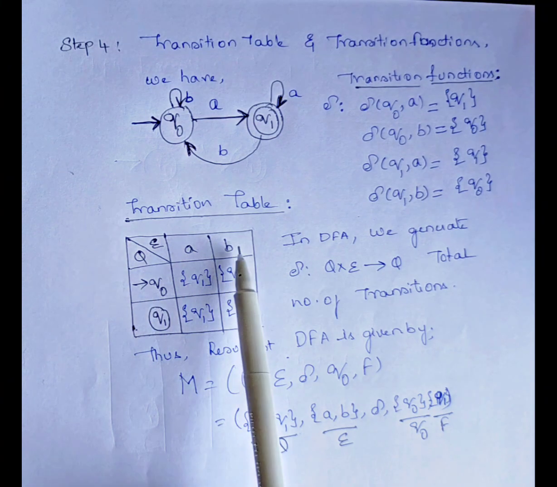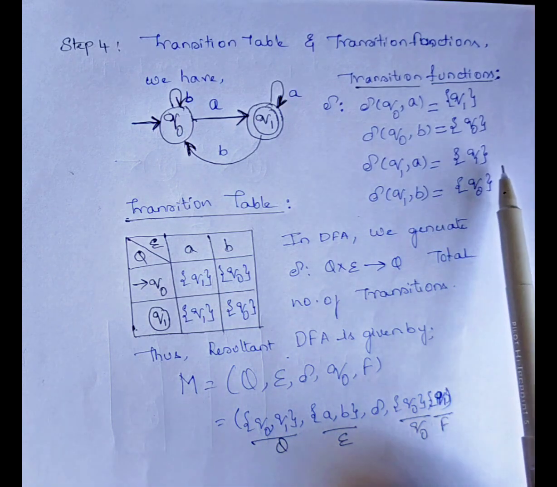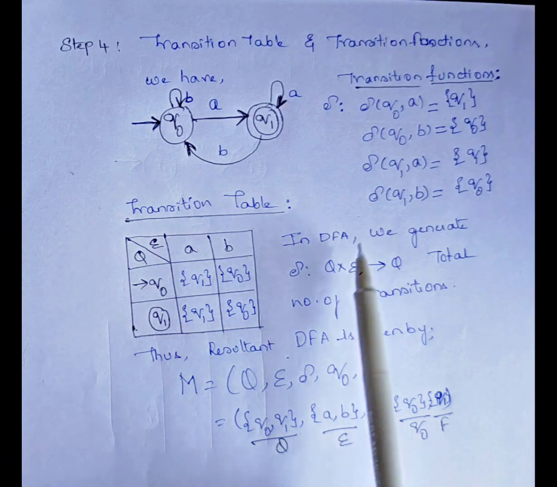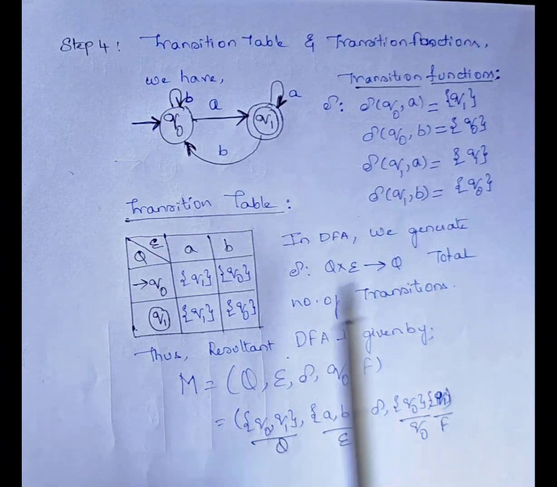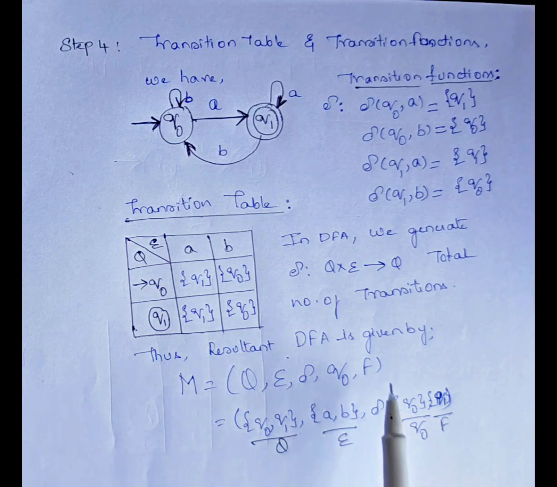Similarly, Q0 on B is entered as Q0. Delta Q1 on A is equal to Q1, so Q1 on A is taken as Q1. Delta Q1 on B is equal to Q0, so Q1 on B is taken as Q0. Thus, the resultant DFA is given as the five-tuple Q, Sigma, delta, Q0, F, where Q is Q0, Q1, Sigma is A, B, the initial state is Q0, and the final state is Q1.